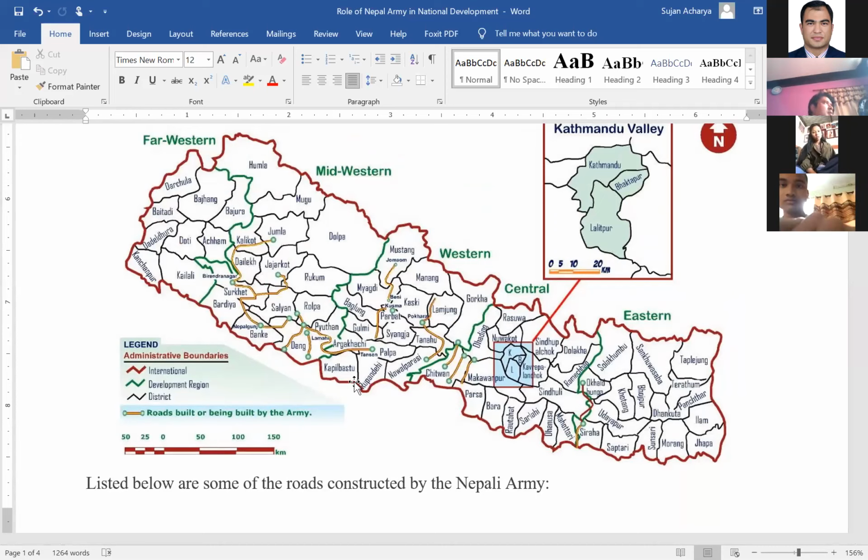Or sometimes, if you can come up with, in a separate sheet of the answer sheet, you constructed this map, and in your essay towards the end, the attachment of the figure along with the essay also highlights the role played by the Nepalese Army, then that would be even more effective and impressive.